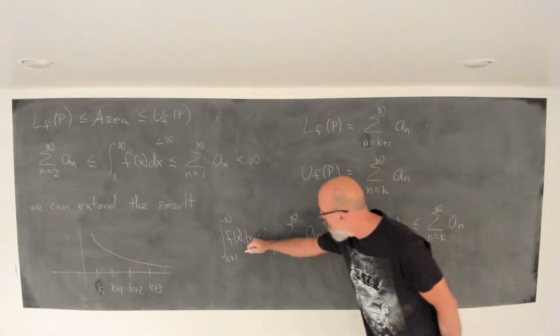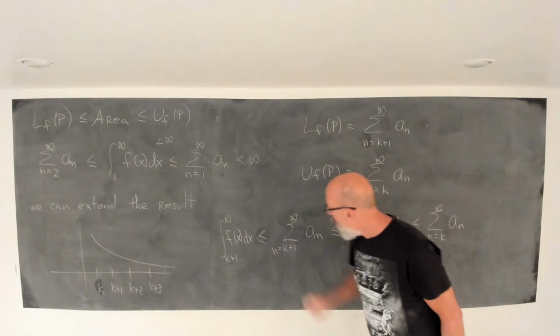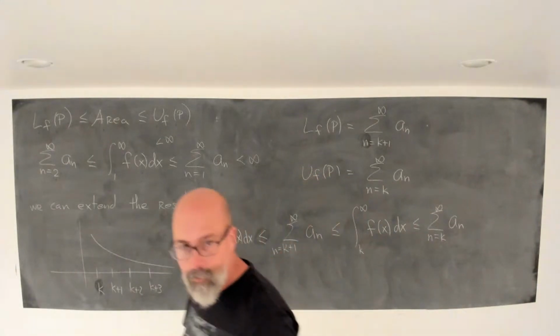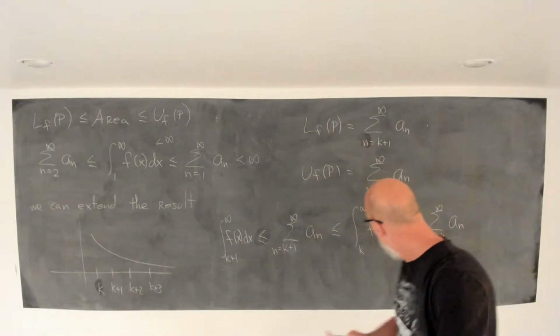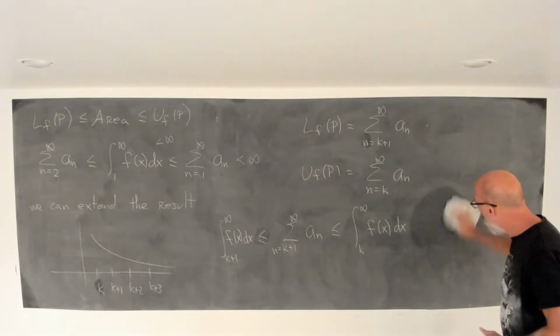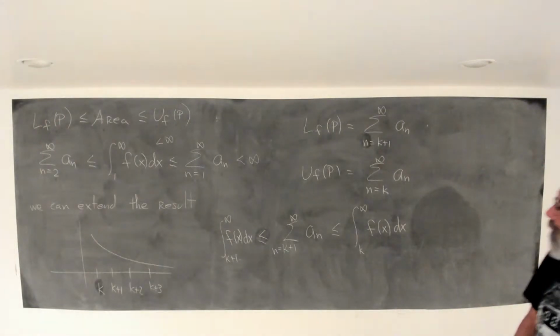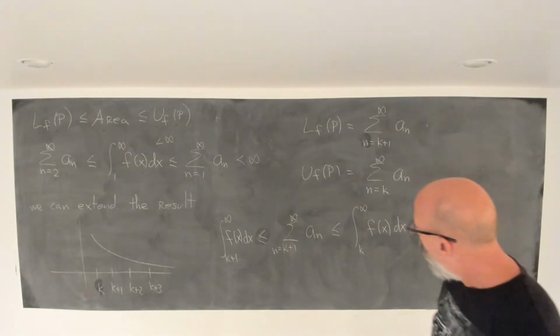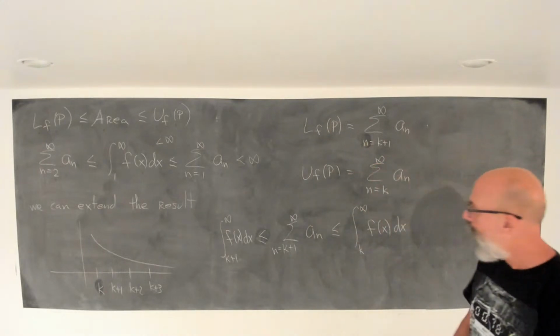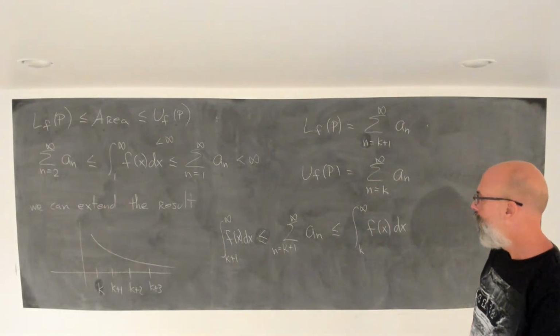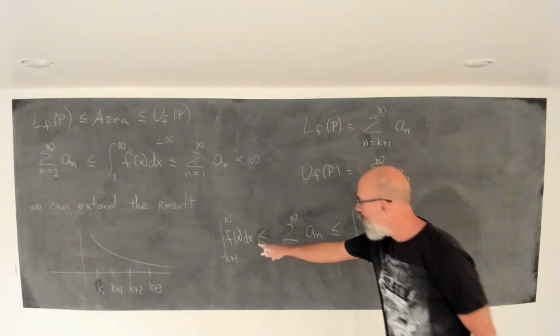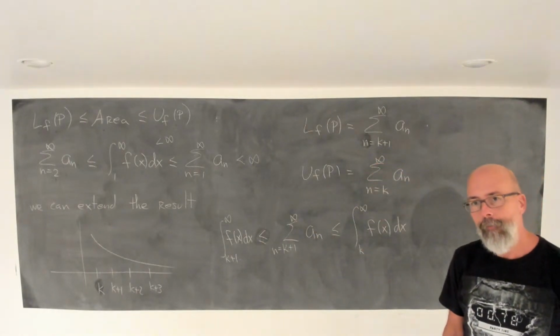And so you have this nice inequality for the sum from k plus 1 to infinity. This sum is sandwiched between these two integrals.